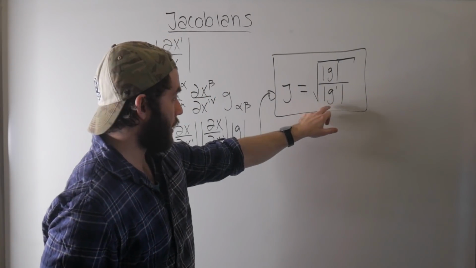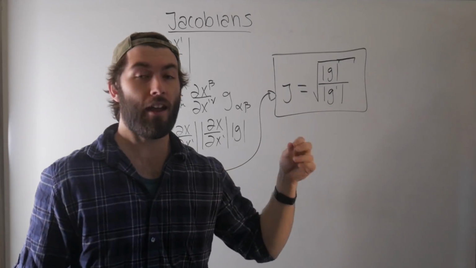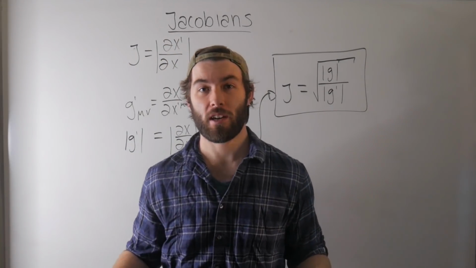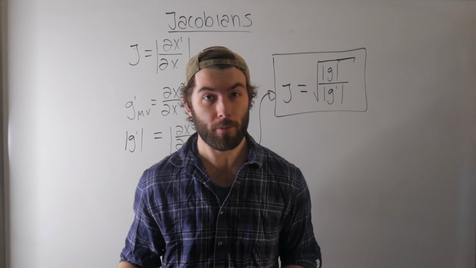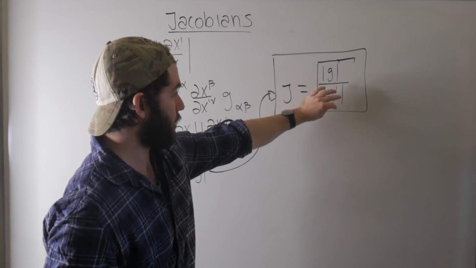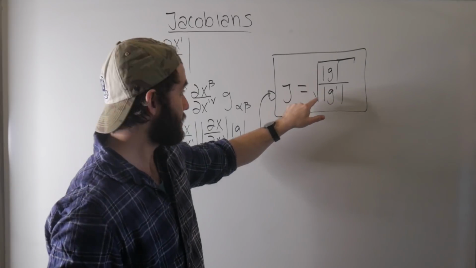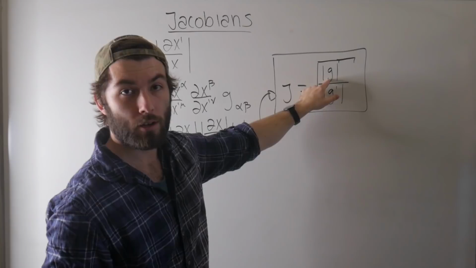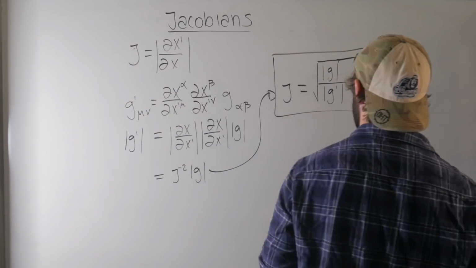So in that case, our Cartesian metric is just going to be a diagonal of 1s. And if we have a diagonal matrix, the determinant is just the product of the diagonal elements. So the determinant here is oftentimes just going to be a 1. So we'll get that the Jacobian is just going to be the square root of the determinant of the metric. So that's the case where it gets kind of simple.